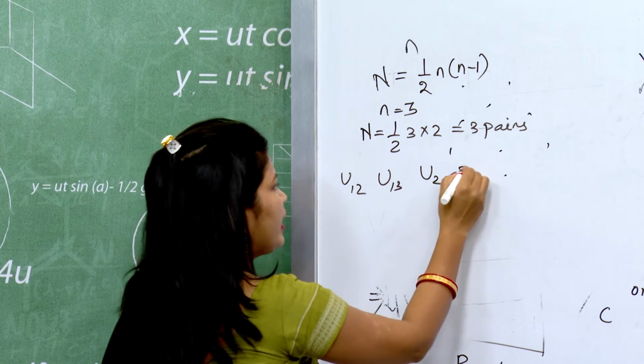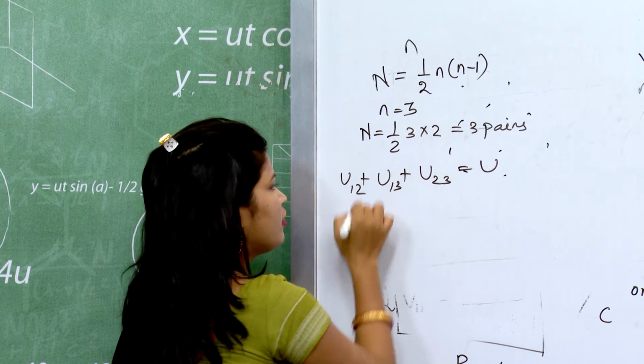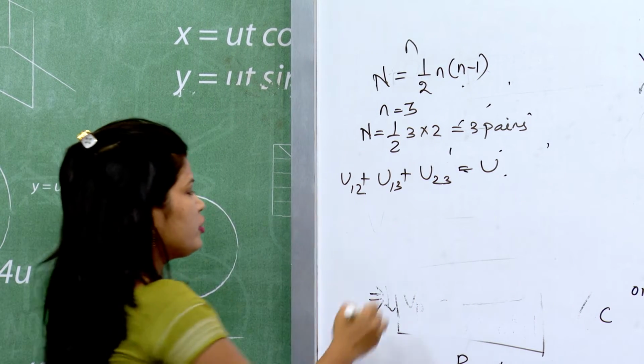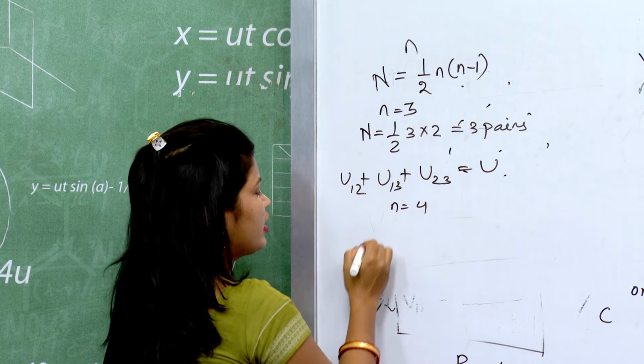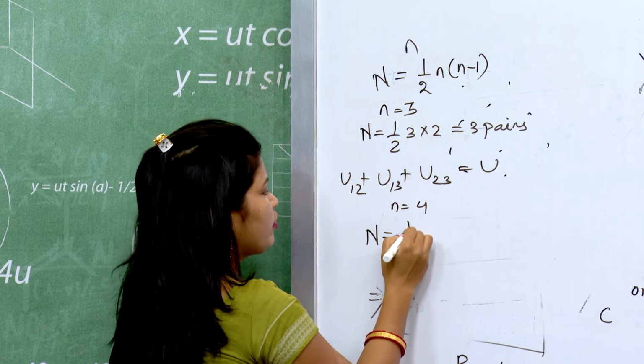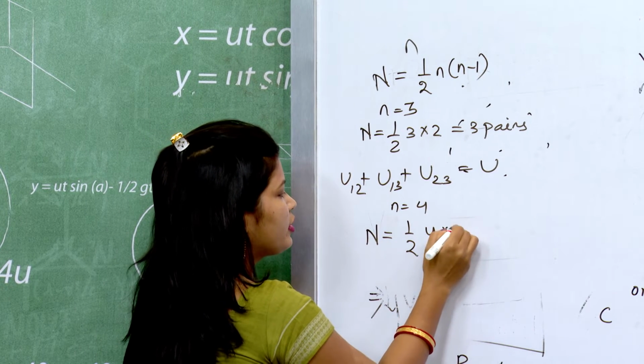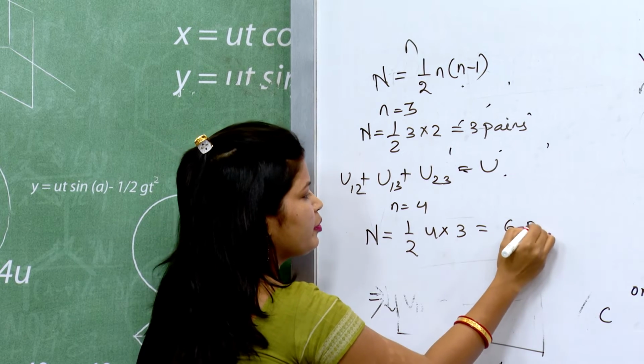So, the total energy is the sum of all energies. Suppose n is equal to 4, then capital N is equal to half into 4 into 3, that is 6 pairs.